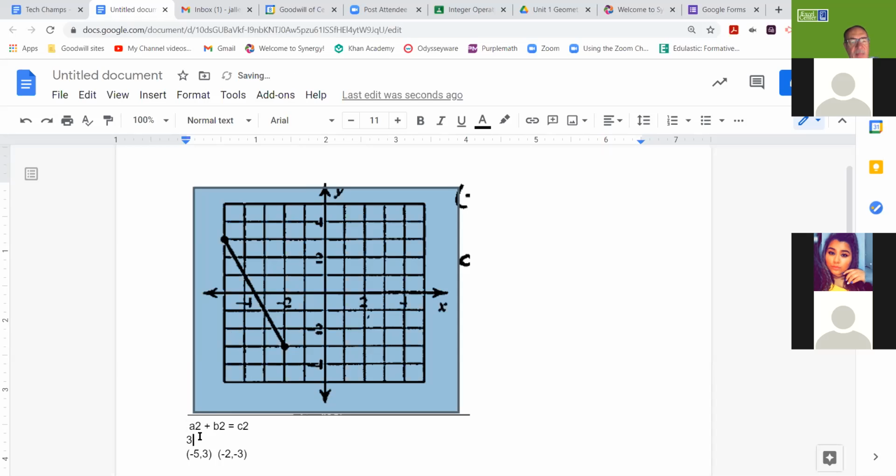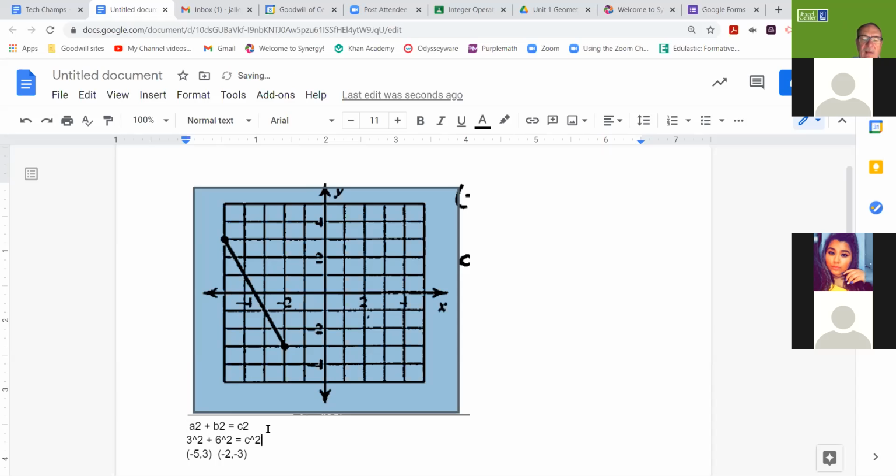So 3 to the second power plus what I just counted, 6 to the second power, is going to equal c to the second power.